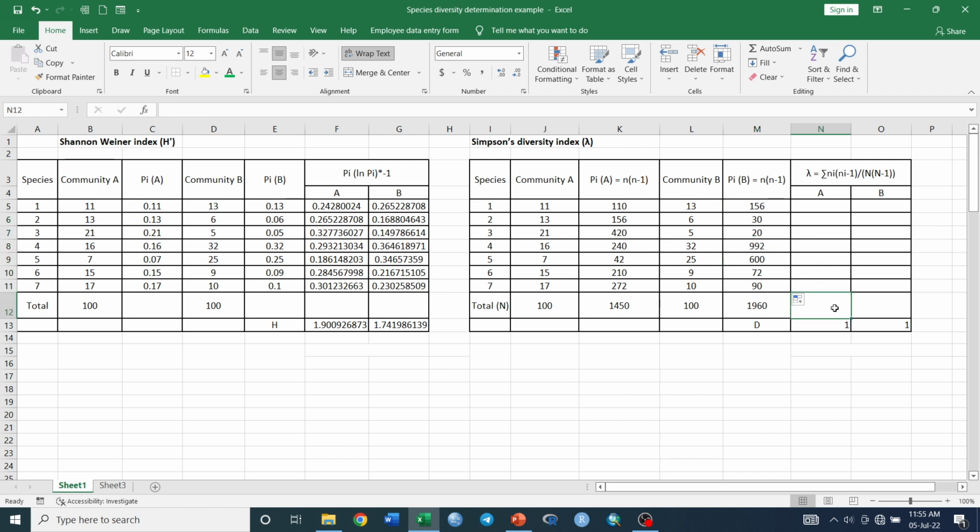Now here we have to apply this formula: the sum of ni times ni minus 1, that is this one, divided by, open the bracket, capital N is this one, times N minus 1, this one, close the bracket and hit enter.